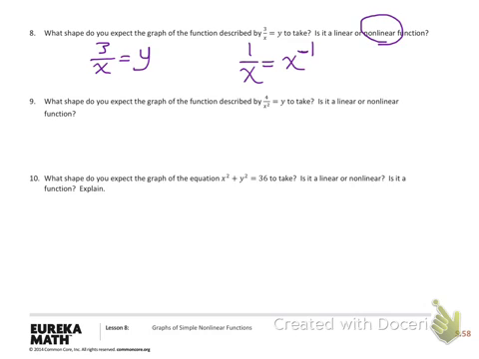So that x doesn't have an exponent of 1, it has an exponent of negative 1. So that's going to make it nonlinear. How does this one graph? This one is something like this, which is kind of cool.